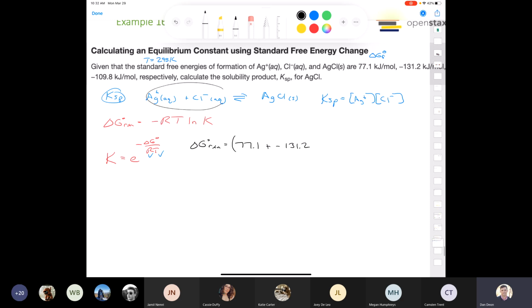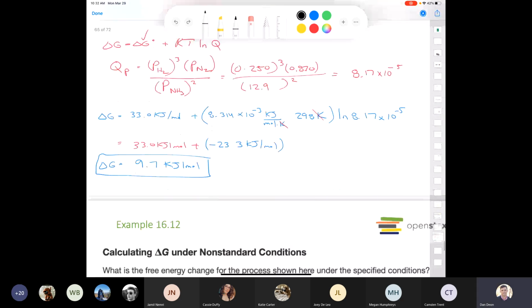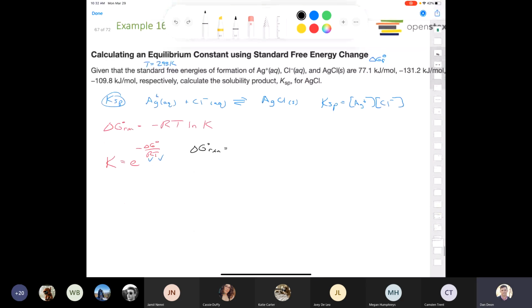I'm taking the products, the reactants, and I'm going to subtract the, let me double check my math here. Hold on, I think I made a mistake in my math here. Let me grab a pencil.